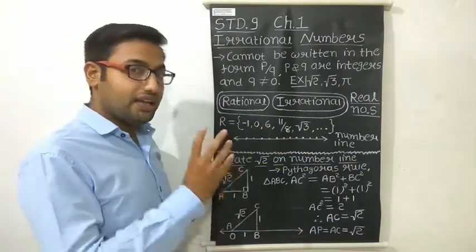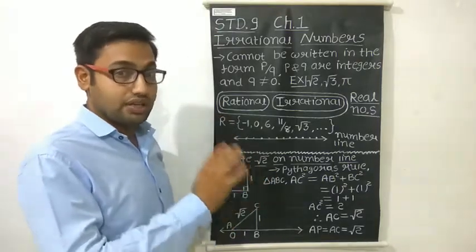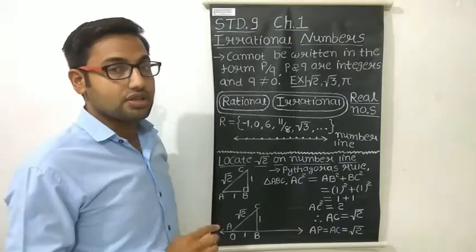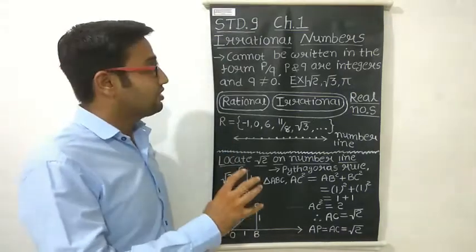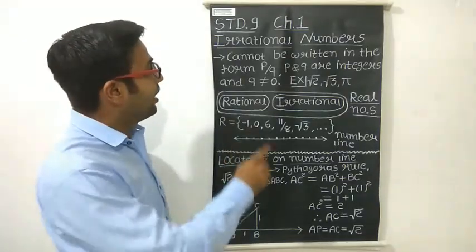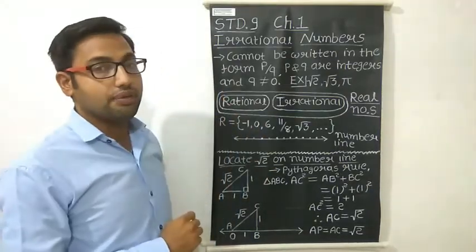So is there any other numbers remaining that are not included in the rational numbers? Yes, there are such numbers which we cannot put in the rational number set, called the irrational numbers, right?